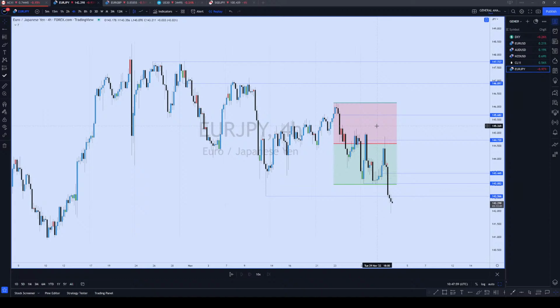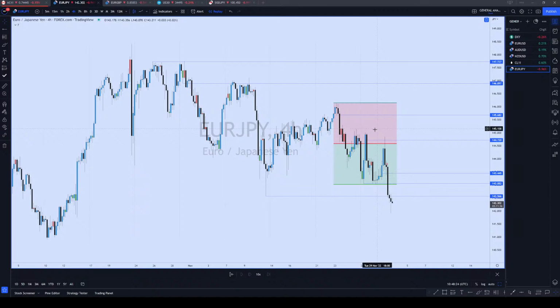So if price goes into premium, your job is to look for an order block, run-on stops, or fair value gap in premium, and then you use that to participate in the trade in the direction of the forecast that I've given.